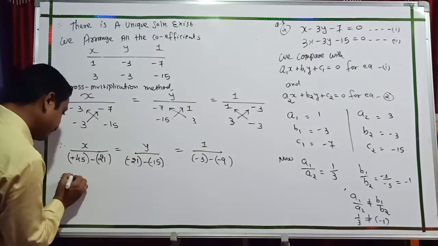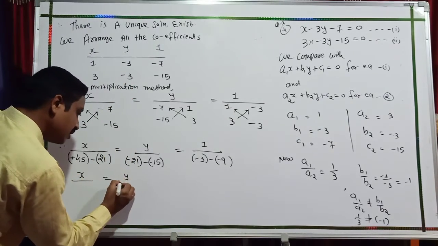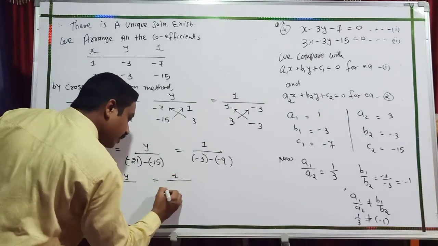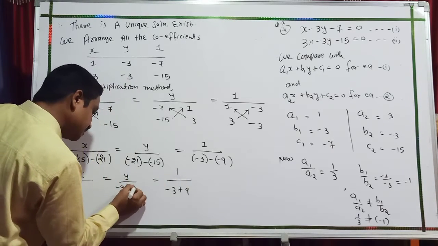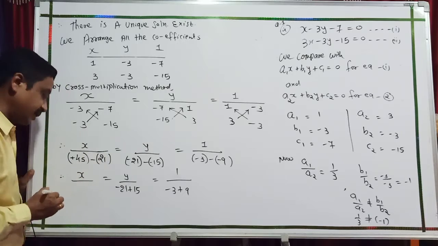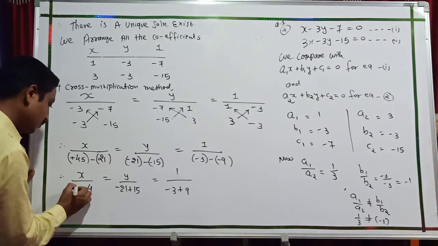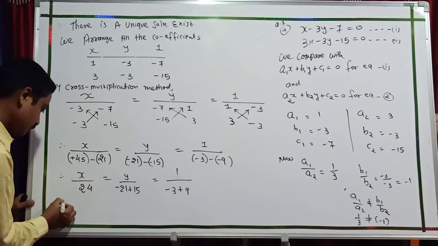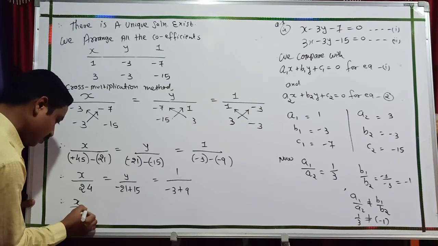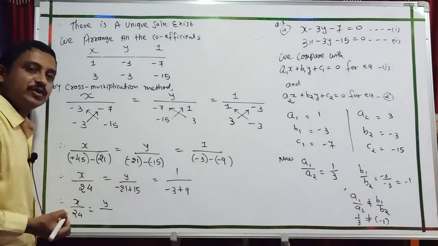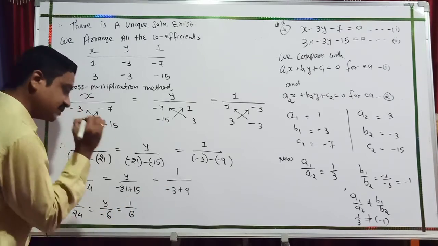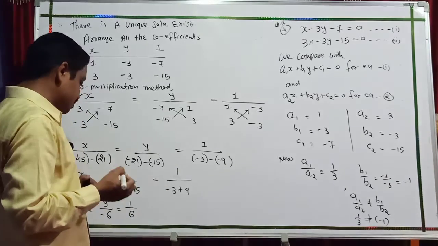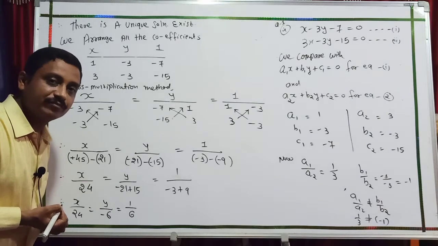So finally you get here 45 minus 21, here for y, and here minus 3 plus 9. Yes students, here minus 21 plus 15. And 45 minus 21 is 24. So you get x by 24. 15 minus 21 is minus 6. And here also, 9 minus 3 is 6. And 15 minus 21 is minus 6.